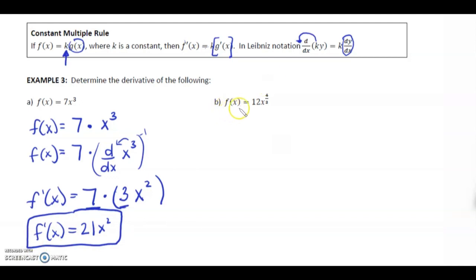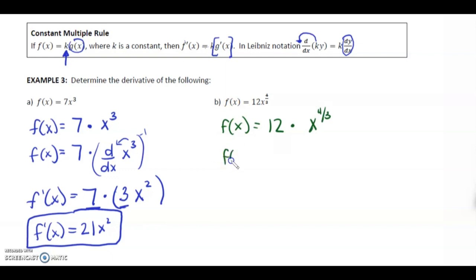Okay, B, f at x equals 12x to the exponent 4/3. So what this actually means is we're dealing with f at x equals the constant 12 times the power function x to the 4/3.